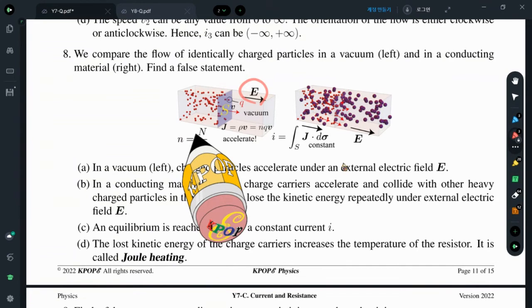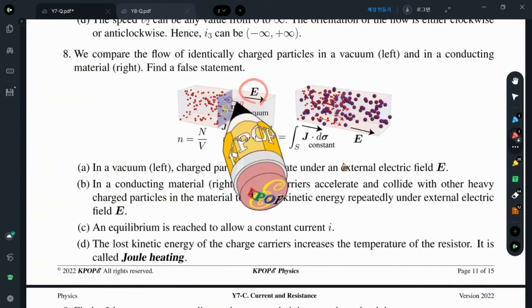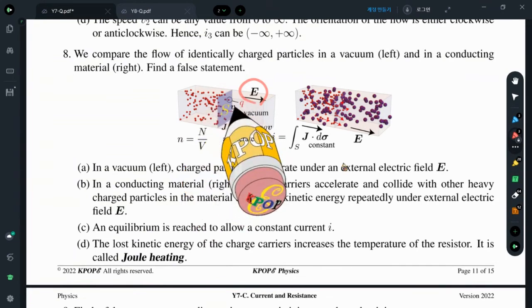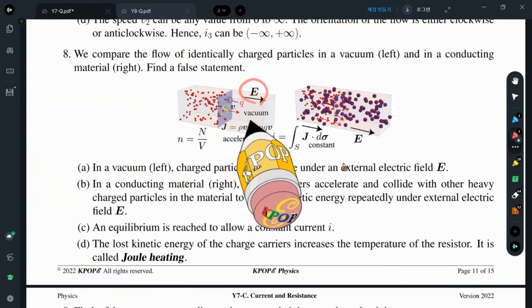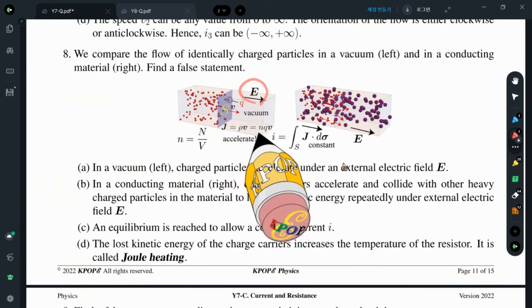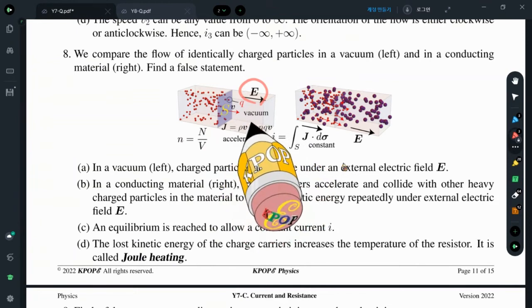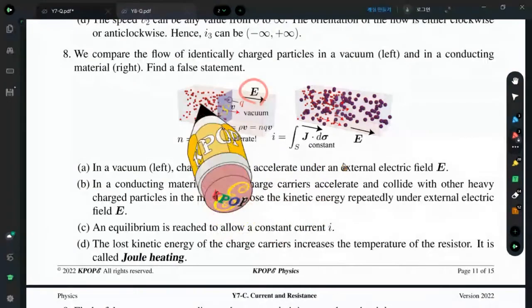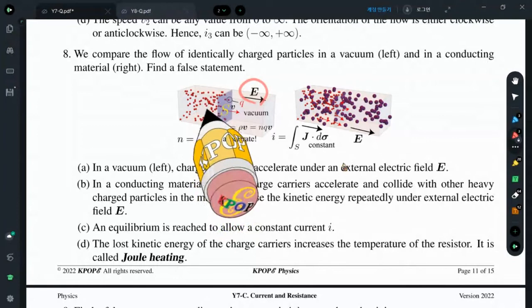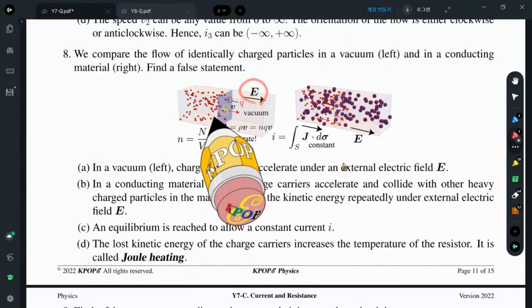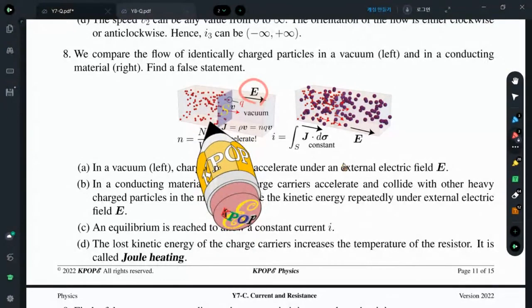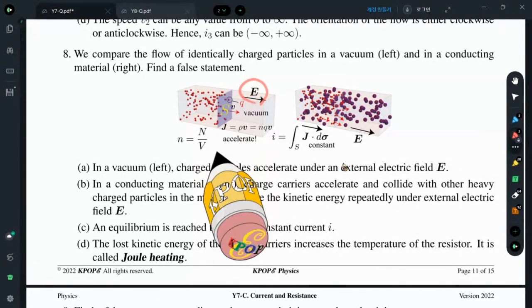It's because they are making collisions with other charged particles inside the wire. That is a kind of resistance. Because of that, the flow of charge is not accelerating. Instead, it reaches a certain value called the drift velocity. So the current flows in a uniform way.